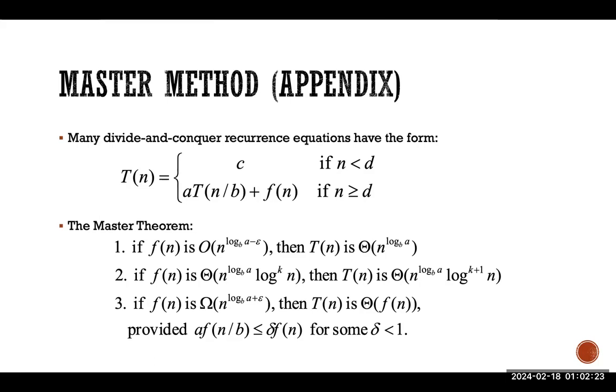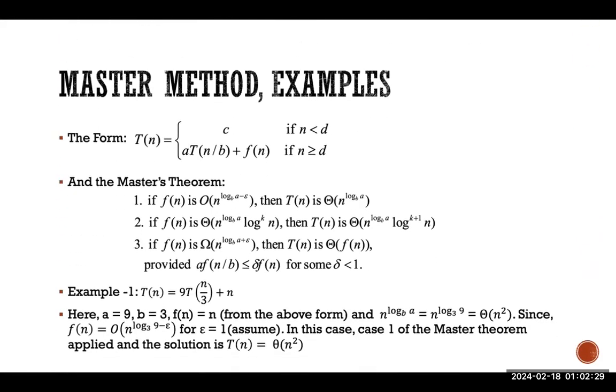Next we are going to solve the examples. The first example is T of n equals 9 times T of n by 3 plus n, where a is equal to 9, b equal to 3, and f of n is equal to n. We take the n power log a to the base b formula to get the time complexity, which is n power log 9 to the base 3, which gives theta of n square.